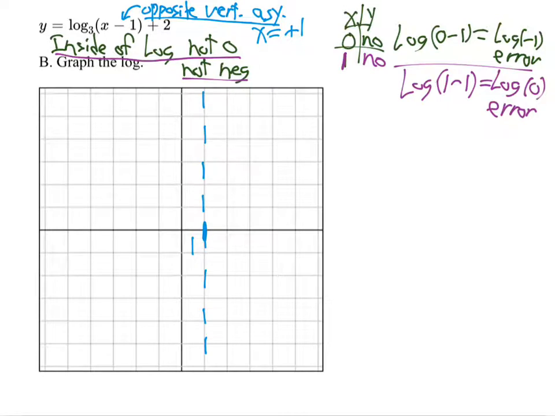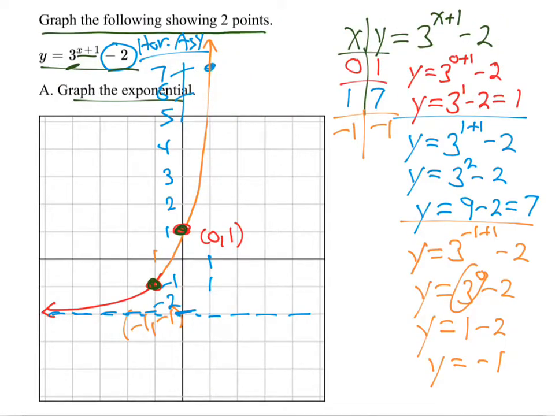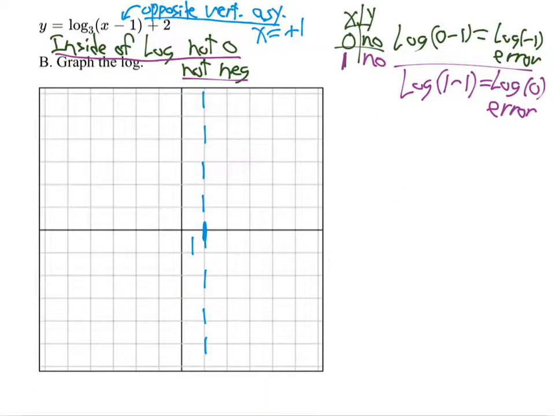That's going to be the vertical asymptote for a log graph. A log graph always has a vertical asymptote, and back over here, an exponential graph has a horizontal asymptote. So that agrees with the fact that you can't make the inside 0. It doesn't exist there. It can't touch that vertical asymptote. So you can't be at x equals 1. That's why it's a no.